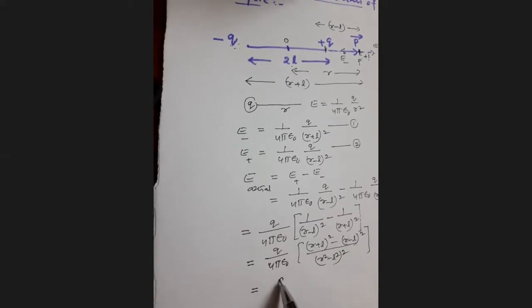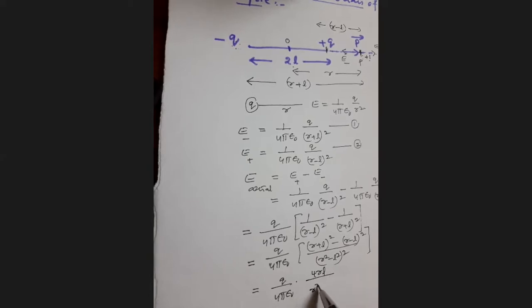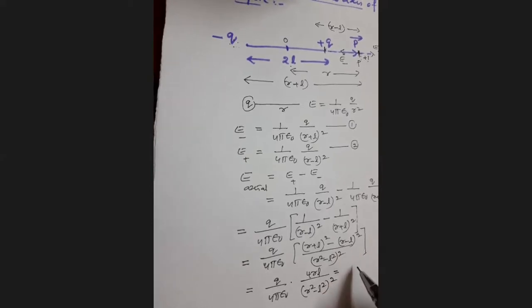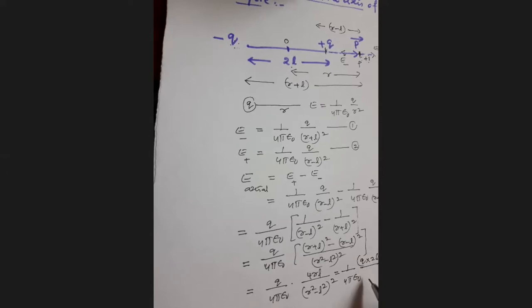Then you will get Q by 4 pi epsilon naught, and this value equals 4RL by (R square minus L square) whole square. You can write it as 1 by 4 pi epsilon naught, Q into 2L into 2R by (R square minus L square) whole square.